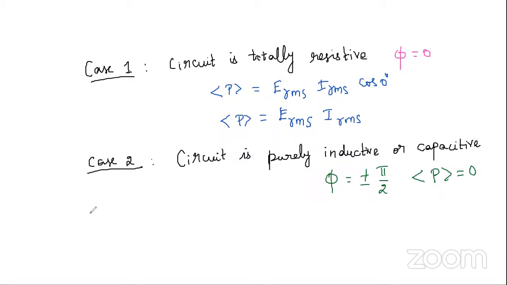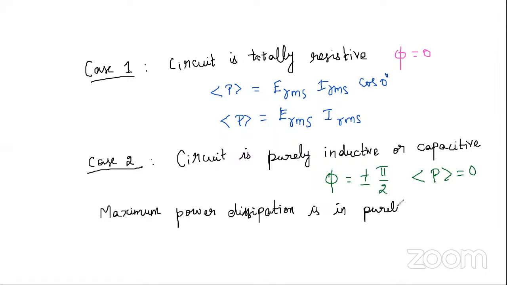So maximum power dissipation is in a purely resistive circuit.